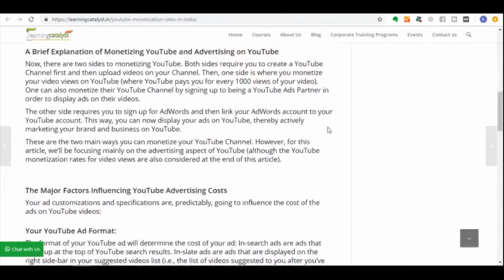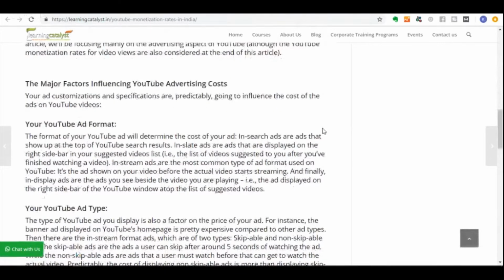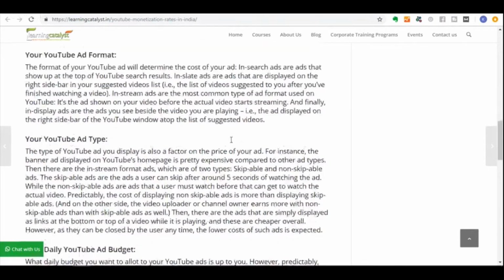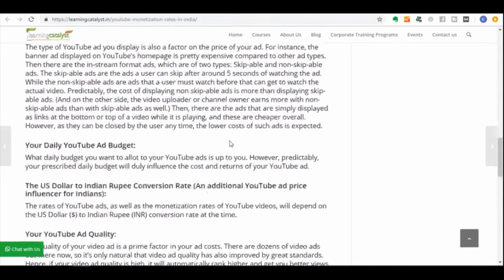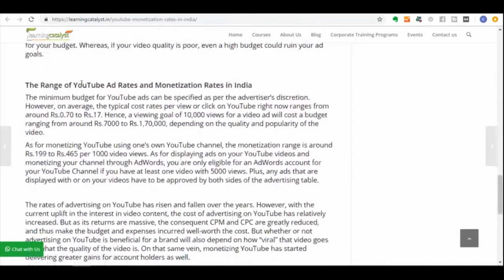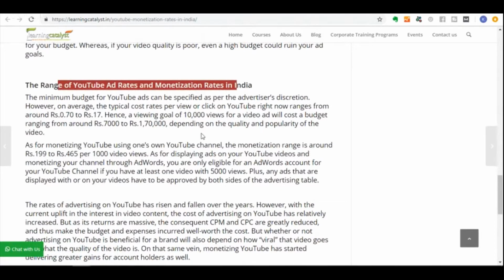He's looking at not just the actual values. He's not just looking at the ad rate, because the person probably wants to make a decision whether or not to start advertising on YouTube. So you tell him the major factors influencing the YouTube advertising costs, and apart from that, you come to his very specific goal, which is the range of YouTube ad rates and monetization rates.